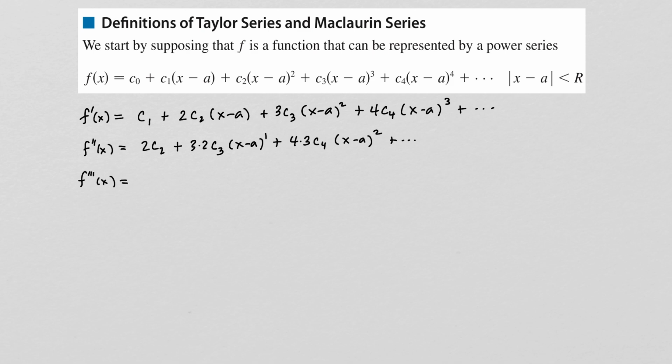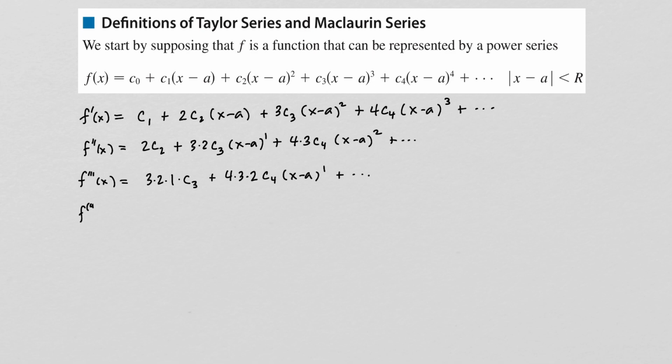The third derivative here is 0. The derivative here is 3 times 2 times 1 times c3, plus the derivative of this term is 4 times 3 times 2 times c4 times x minus a to the first power, plus etc. Now we'll just do one more.